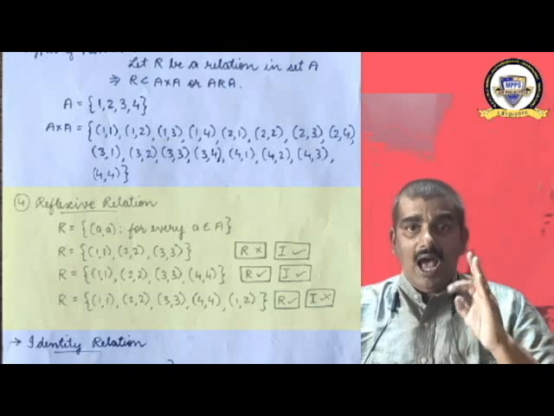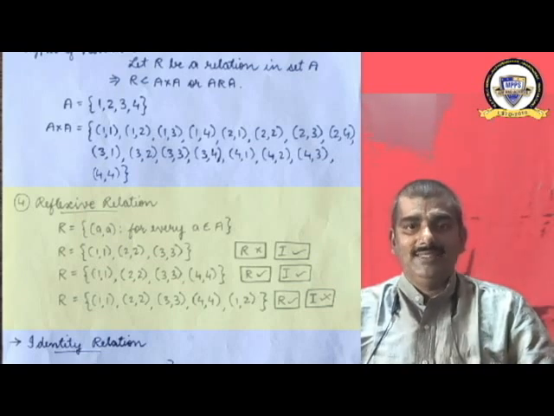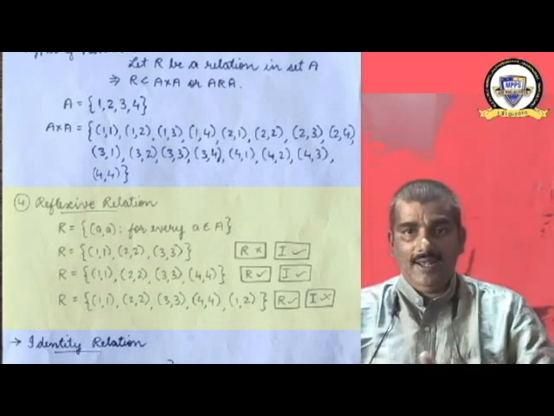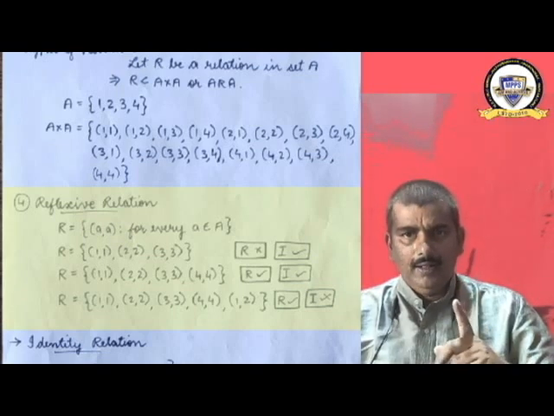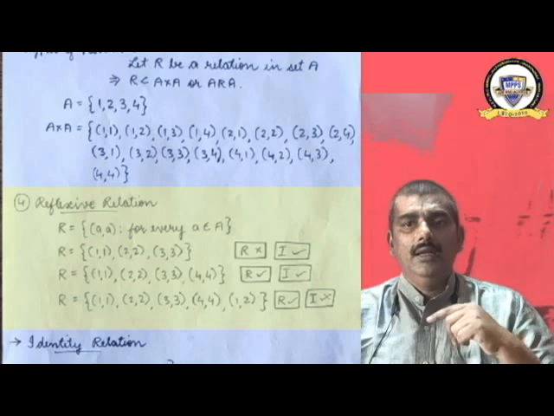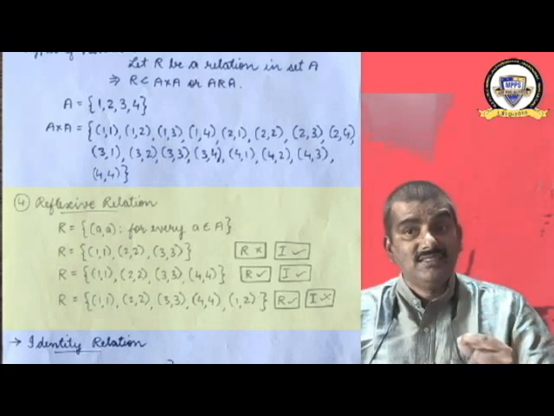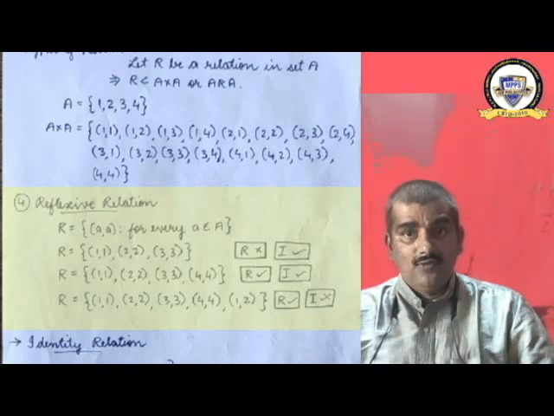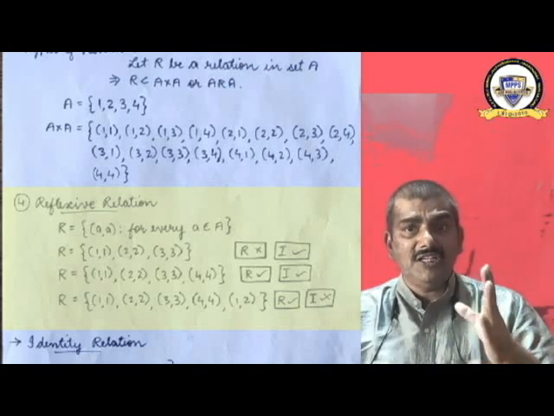A relation R on a set A is reflexive if for every a there is an image a itself.